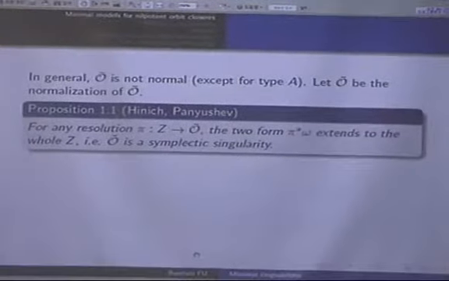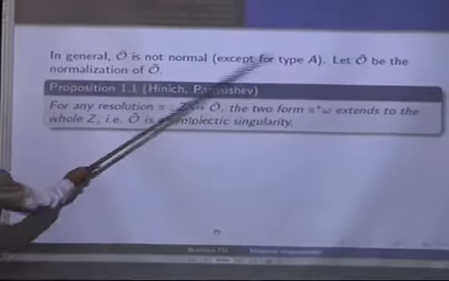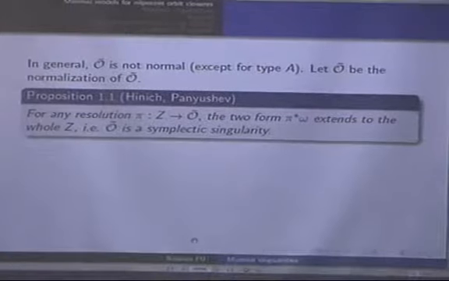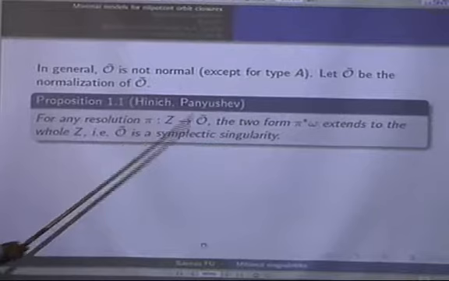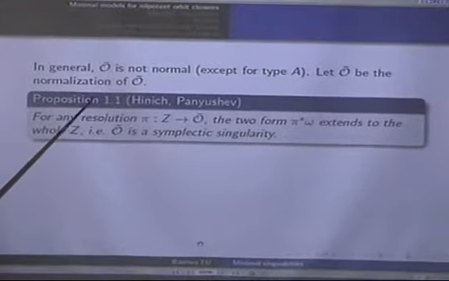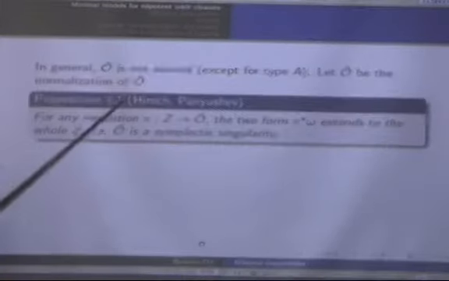So in general, the closure of O is not normal, except for the case of type A. In this case, it was shown by Kraft and Procesi that every closure in SL_N is normal. Now I take Õ, the normalization of this closure. On the smooth part, you have a holomorphic symplectic form.